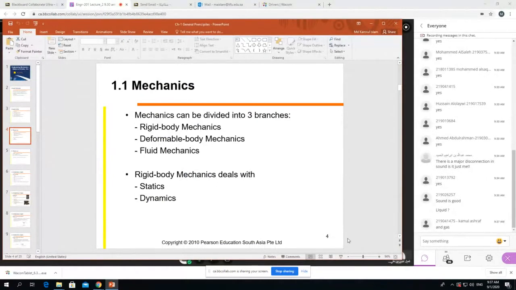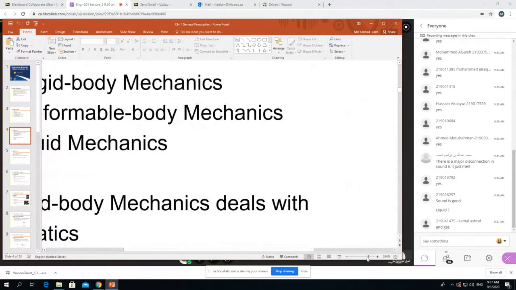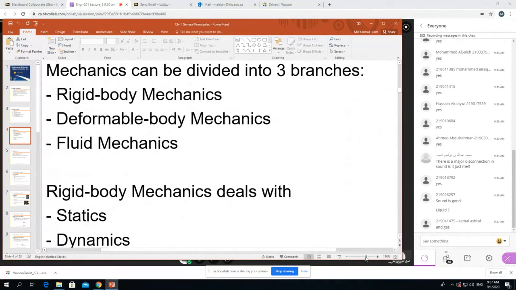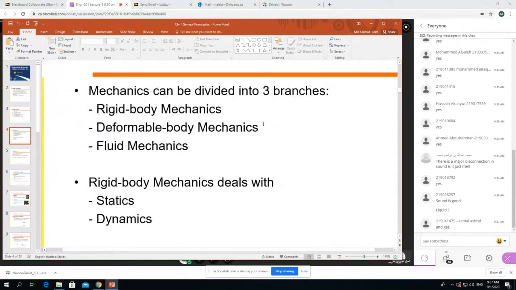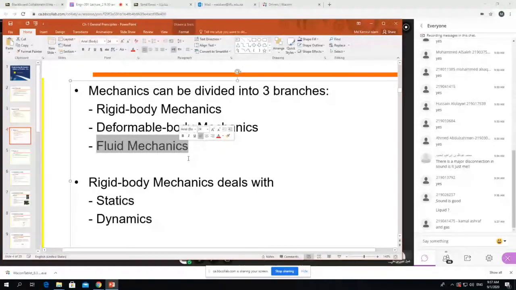Yes, liquid and gas. Someone said it is correct. Fluid mechanics is a kind of liquid and gas. But in this course, we will not discuss liquid and gas. So we are not studying this.